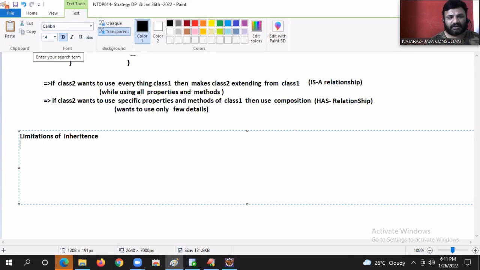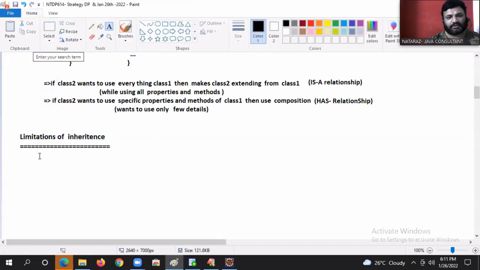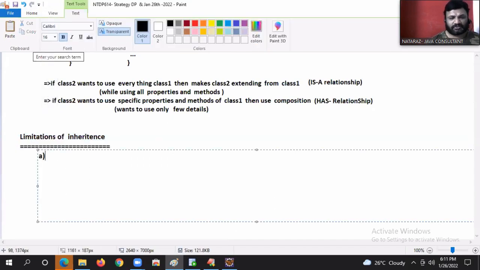Limitations of inheritance. Number 1, certain programming languages do not support multiple inheritance.